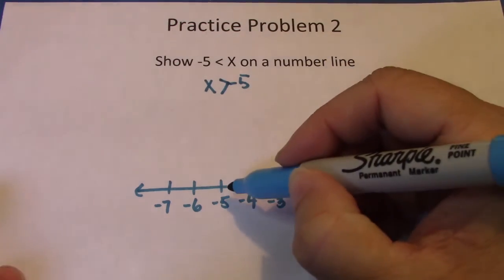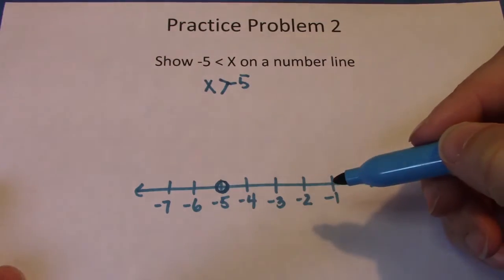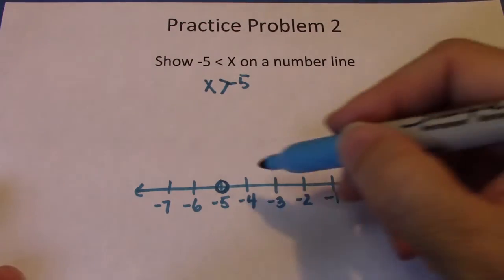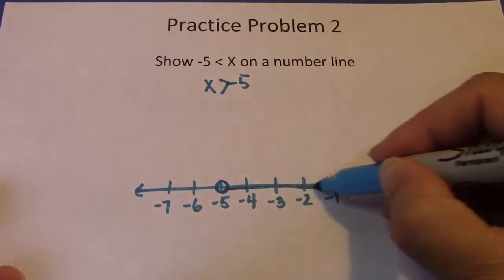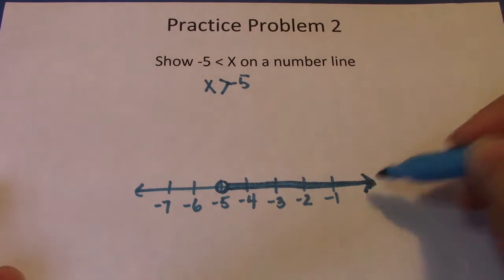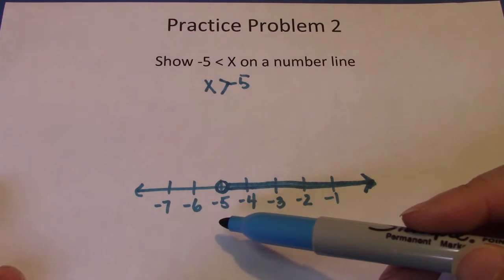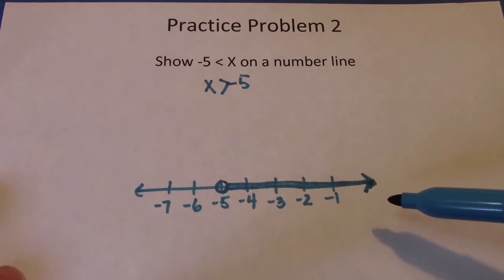Alright, here's -5. It's not equal to -5, so I'm going to have an open endpoint drawn, and it goes in the greater than direction, so it's going to go this way. There we go. X is greater than -5, which is also -5 is indeed less than x.